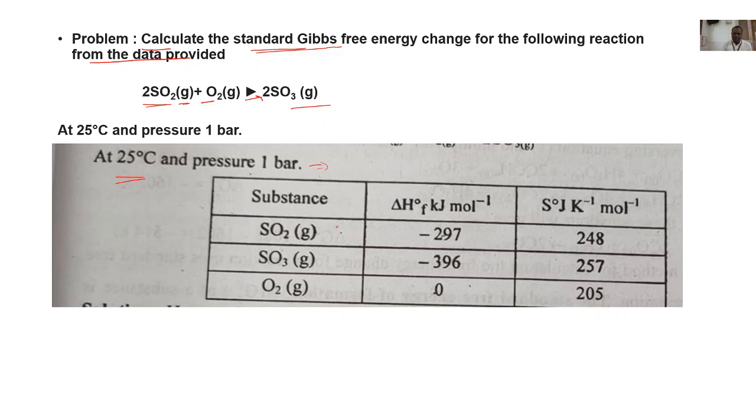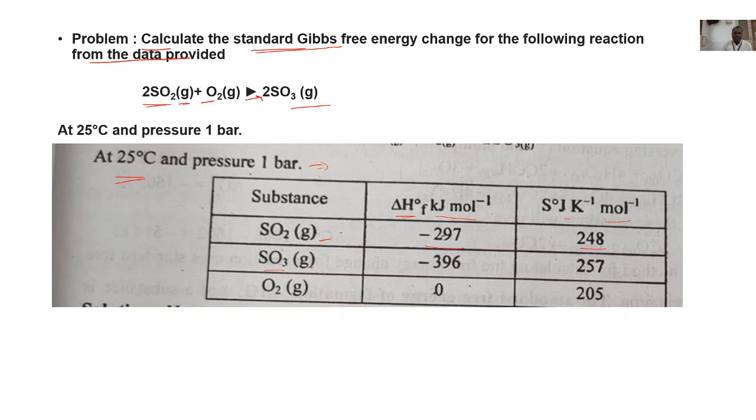1 bar pressure. For the substance SO2 gas, delta H0 of F, the standard enthalpy of formation, the value is minus 297 kilojoule per mole, and the standard entropy is 248 joule per degree Kelvin per mole.